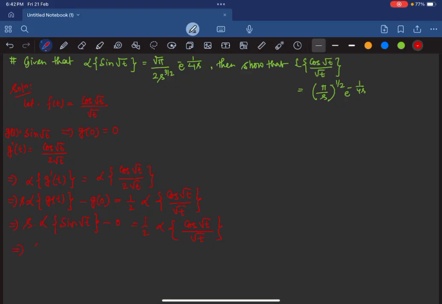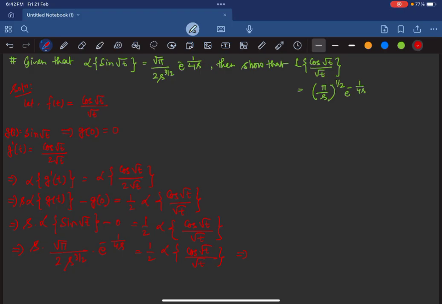If you further do the calculation, s into Laplace of sin root t, it is already given, root pi by 2 into s power 3 by 2 e power minus 1 by 4s. Here you already had half, so Laplace of cos root t by root t.